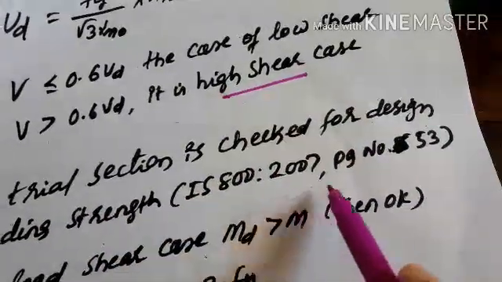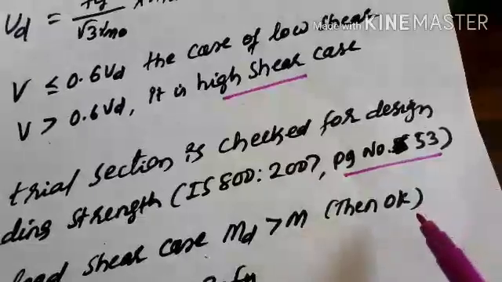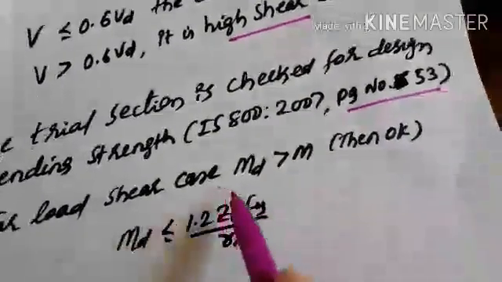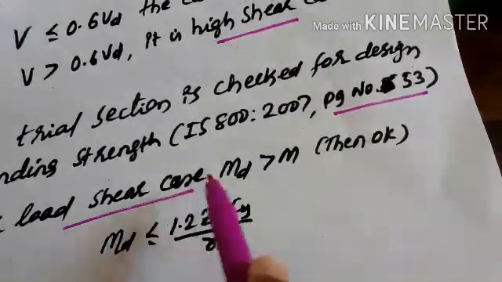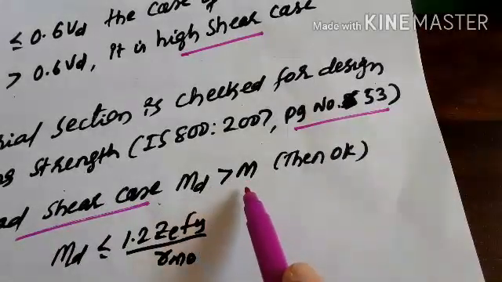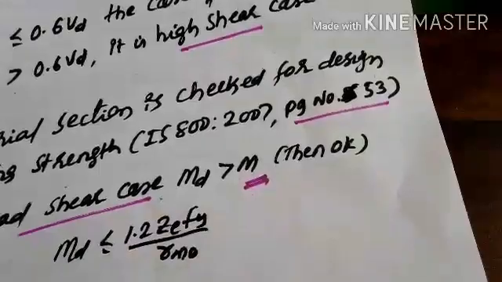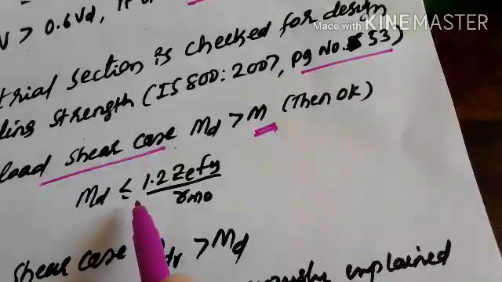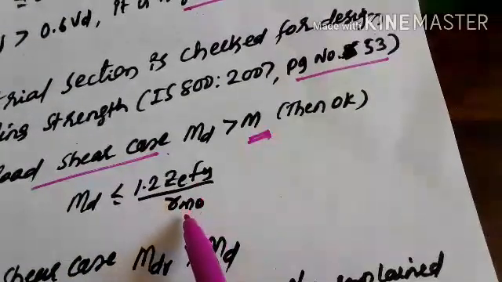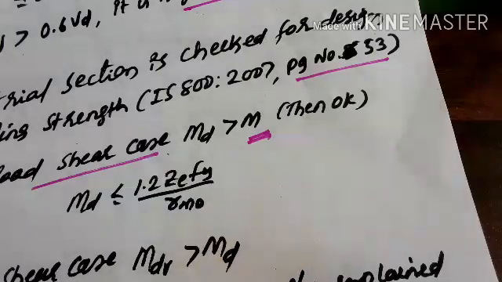Accordingly, you have to refer to IS 800 2007 page number 53. For the low shear case, the design bending strength should be more than the moment obtained. Then Md should be less than or equal to 1.2 Zе into fy by gamma m0. This is for the simply supported beam.